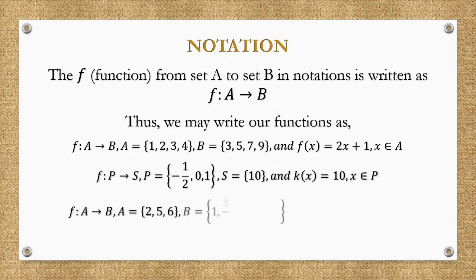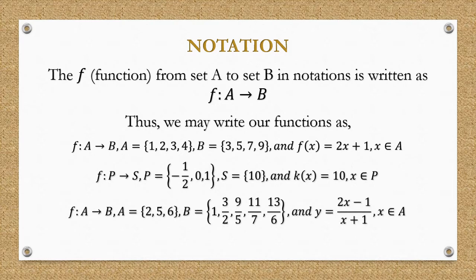Similarly, f is a function from set A to set B. So A is domain, B is codomain, and y is the function. So this is how we write down the set values, or this is how we denote our functions. So f is a function from set A to set B, or f is a function from set P to set S, or f is a function from X to Y, or whatever.